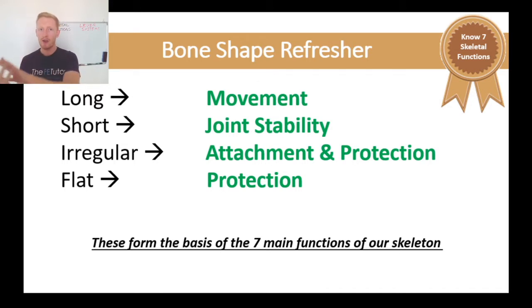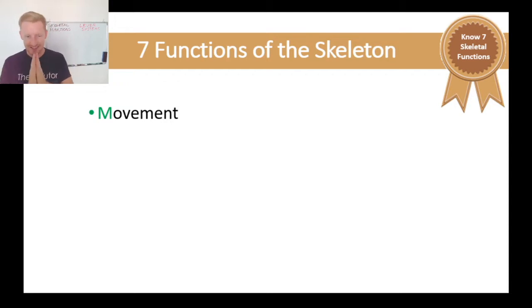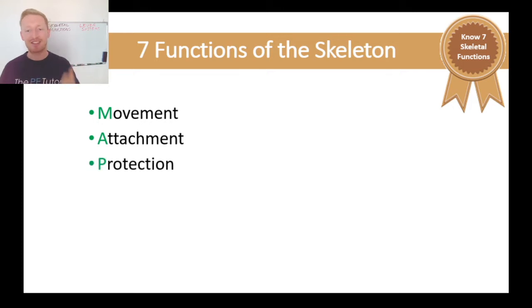So we're moving away now from describing what these bones are, and moving more towards why that's relevant, why we need that inside of our body. So the 7 functions, this is them. If you do have pen and paper, this is what you need to be writing down. We have M for movement. We have A for attachment. P for protection.